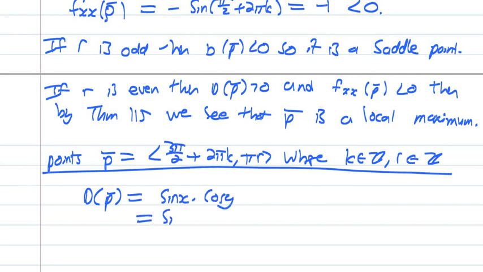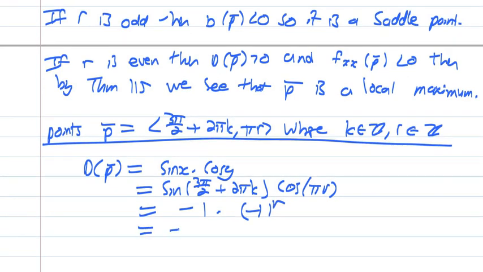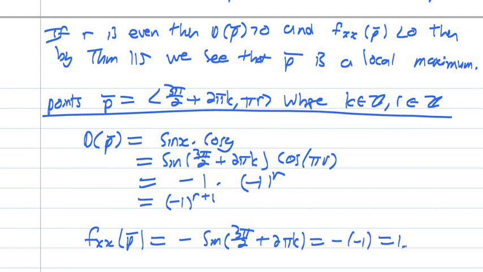So this works out to be sine at 3 pi over 2 plus 2 pi k times cos pi r. The sine value is minus 1, and cos pi r is minus 1 to the r, so this evaluates to minus 1 to the power r plus 1. And f double x at the point P is minus sine of 3 pi over 2 plus 2 pi k, which is minus minus 1, which evaluates to 1.